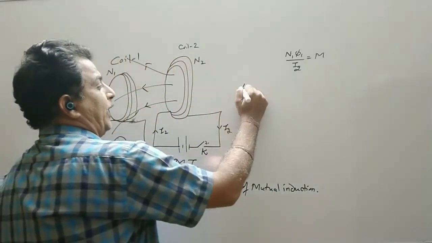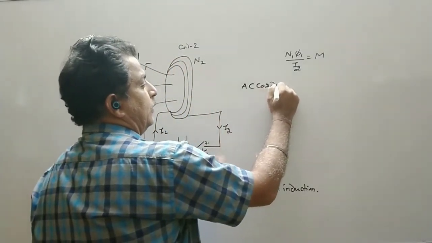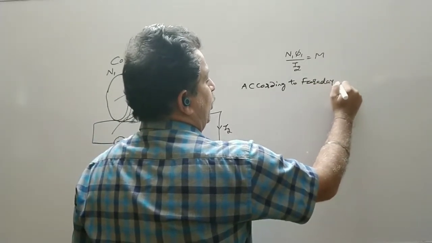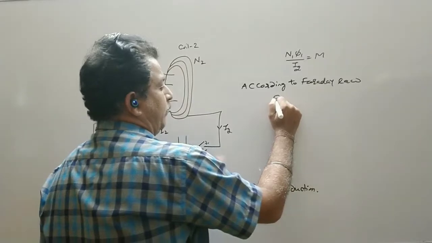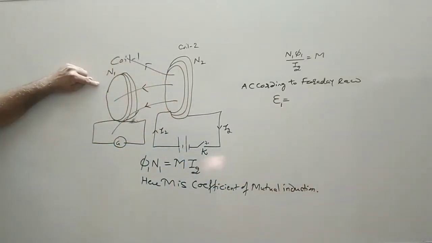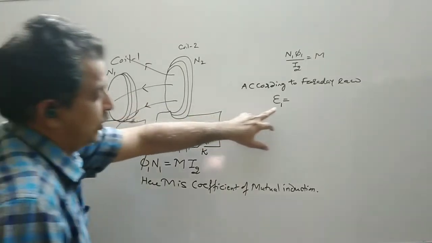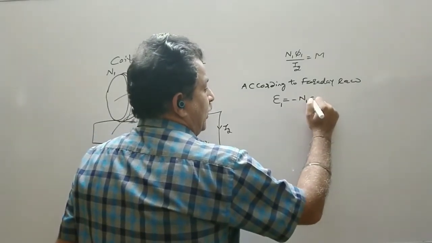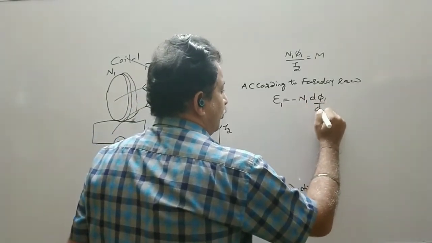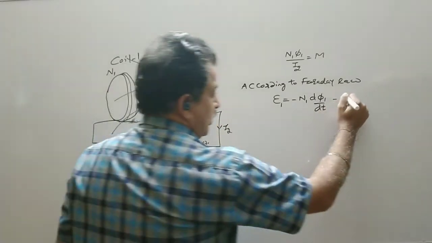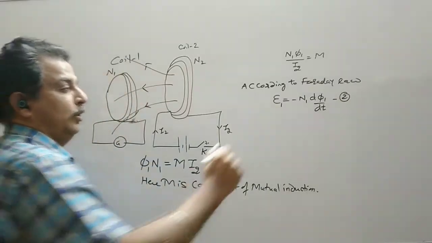So according to Faraday's law, the EMF will now be induced in coil 1, so it is denoted by E1. So this should be equal to minus N1 d phi 1 by dt. This is our equation number 2, that is Faraday's law, and the earlier relation is equation number 1.